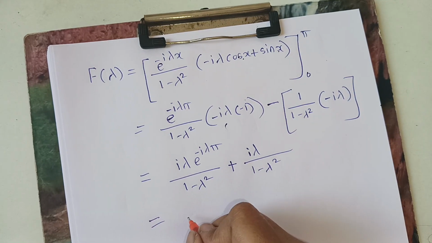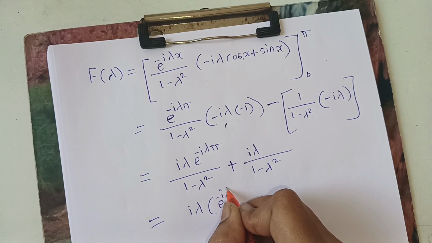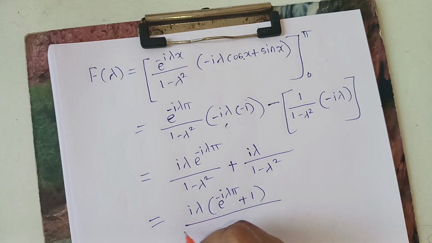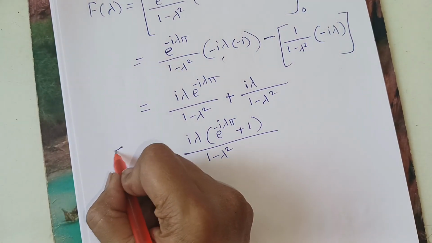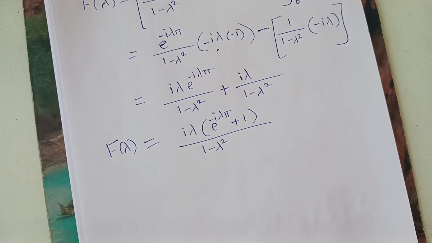You can rewrite it as i lambda into bracket e raised to minus i lambda pi plus 1, divided by 1 minus lambda squared. This is the Fourier transform F of lambda of the given function.